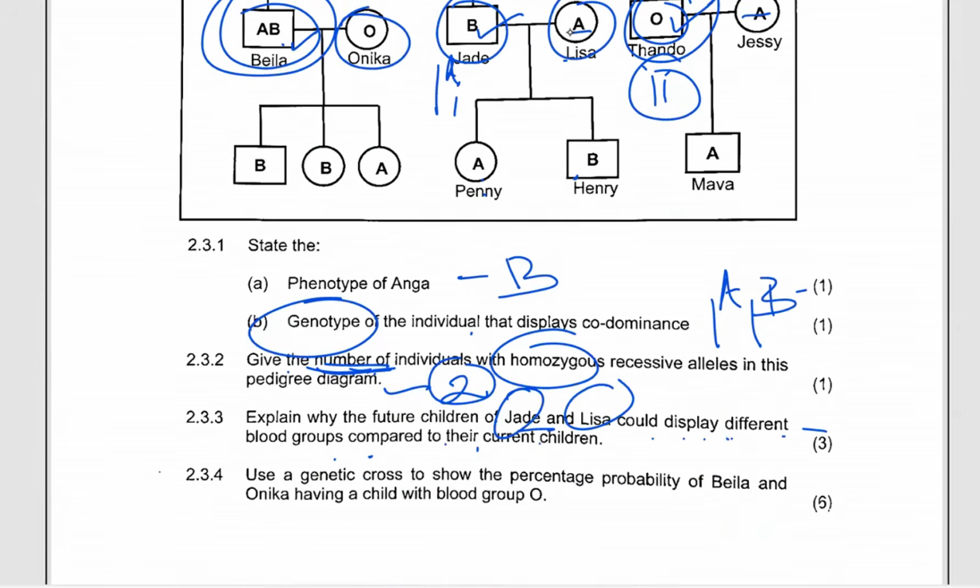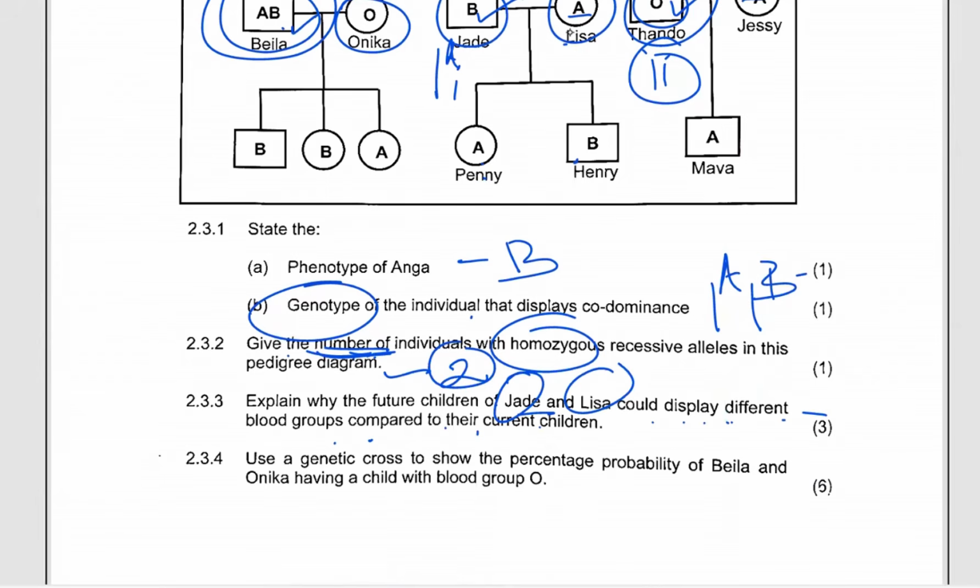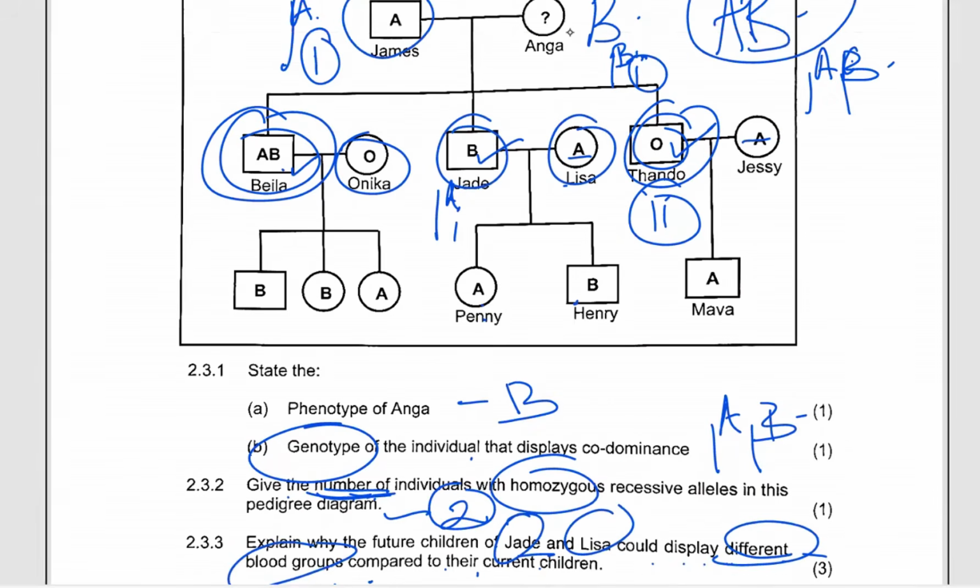And then to produce a different blood group, automatically even A must be heterozygous. Oh, this is B, ne? JD is B. And so their children could be, when this small letter and small i combine, they are able to produce blood group O, meaning that JD will pass a recessive allele to the offspring, the same way Lisa is going to pass the recessive allele to the offspring to produce blood group O.